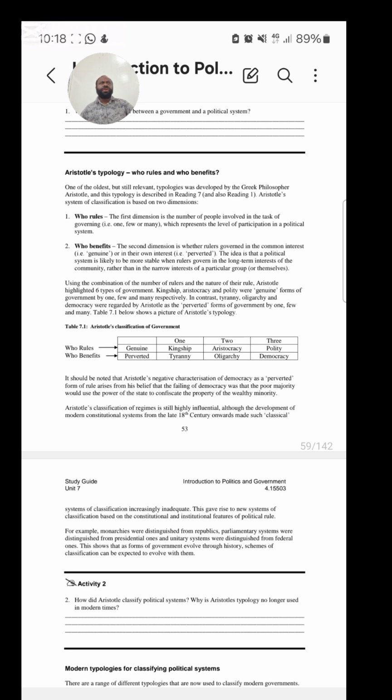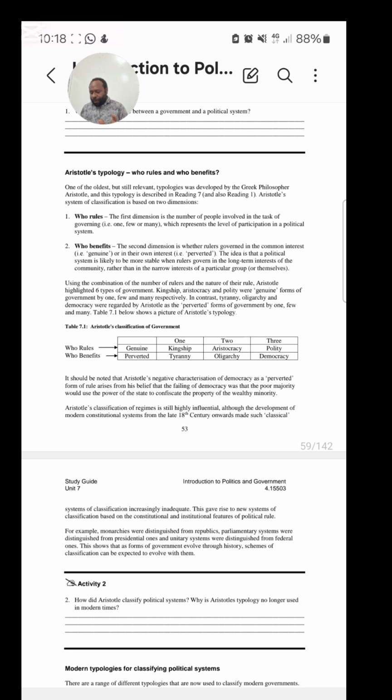So, in Aristotle's view, with three or more, democracy is the perverted view. In a representative democracy today, you choose a leader through your votes or through election and they represent you on the floor of parliament.